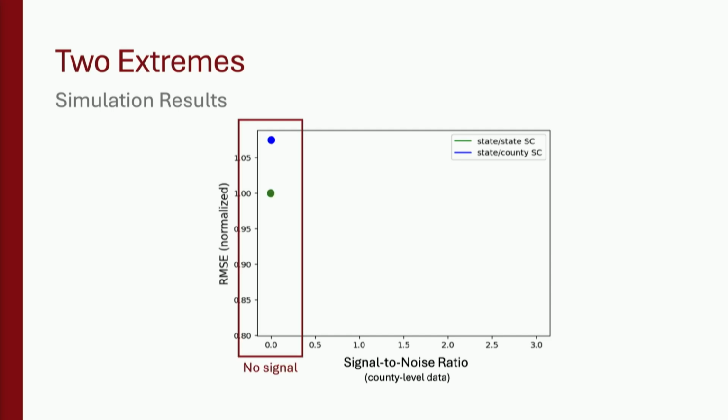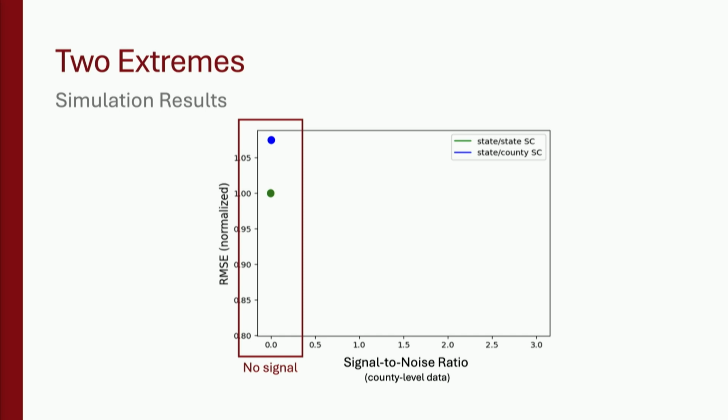Starting with the left-hand side, we're in a scenario where our counties don't provide any additional signal. In this case, you'd expect the state-state synthetic control estimator to perform better because counties only contain noise, and so the state-state estimator won't be overfitting, and this is exactly what we see in the simulations as well.